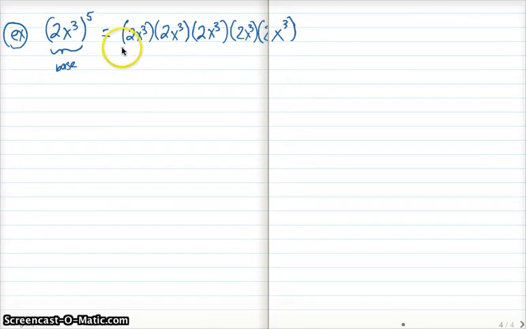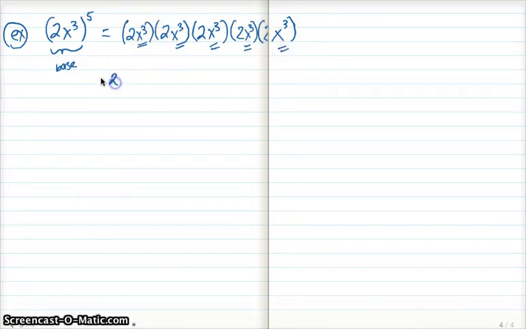And if I use the associative and commutative properties of multiplication, I can recognize that 2 is being multiplied by itself 5 times. 2 is not being cubed, only the x is being cubed. So that's something important to point out, that with PEMDAS, the order of operations, x is being cubed and then 2 is being multiplied by that.